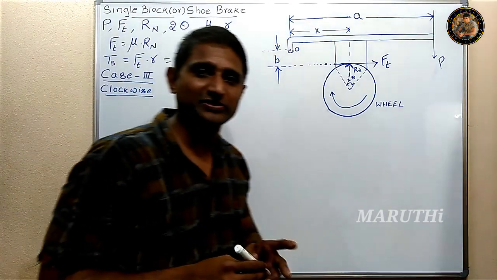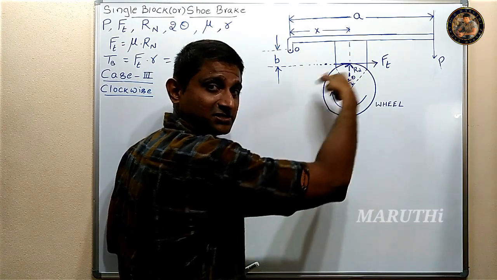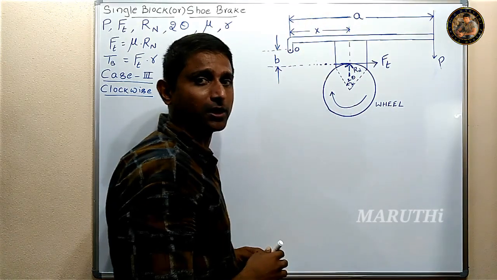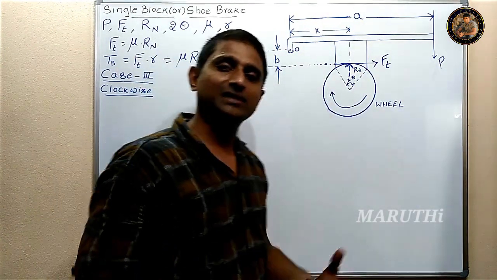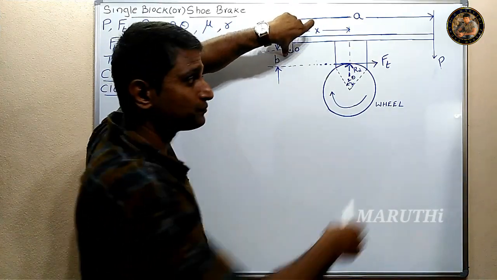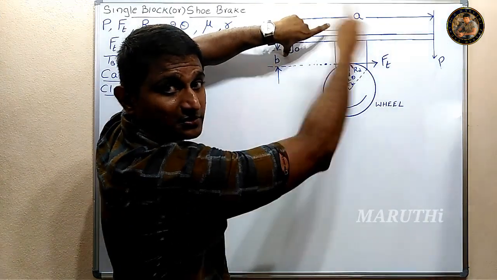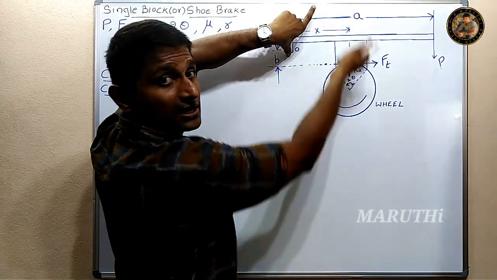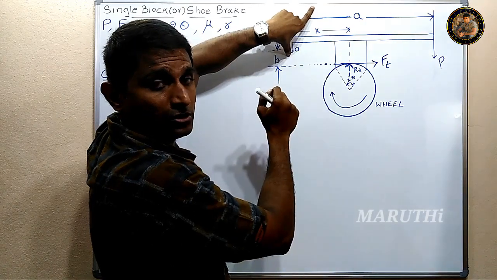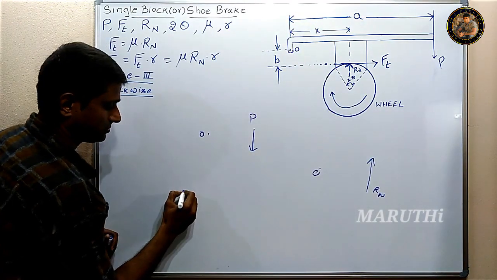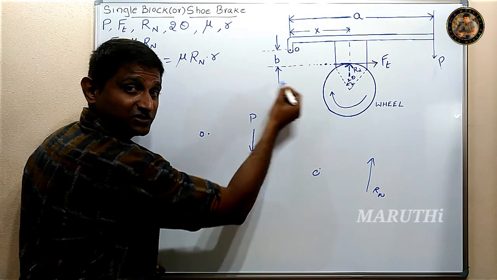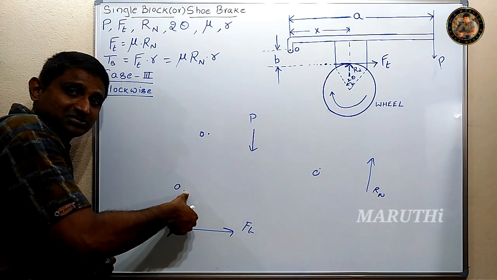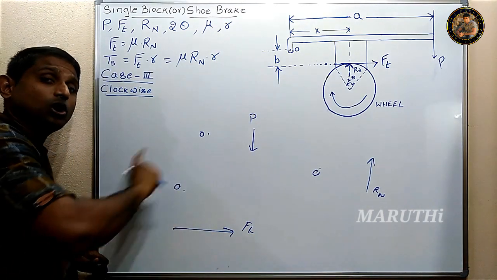This is rotating in clockwise direction like this. The friction force is in this direction for the brake drum, whereas it is exactly opposite for the shoe block. So as shown, again applying the equilibrium conditions, taking moment about O. This is downward P, the clockwise moment about O. And Rn is like this, the counterclockwise moment of Rn about O. The line of action of the friction force is below O, towards this direction is Ft, so this is also counterclockwise.